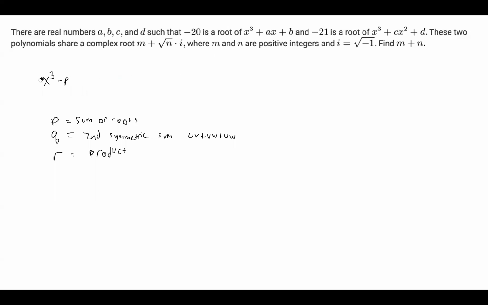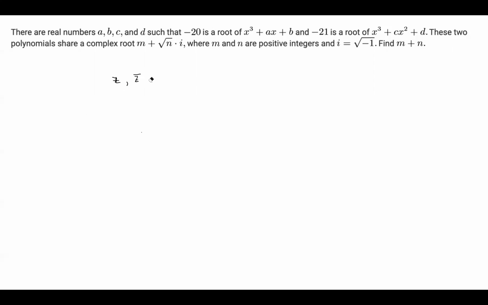Okay, and also the thing to note is that if the coefficients of a polynomial are real and one of the roots is a complex number z, then another root of the polynomial would be the conjugate of z.